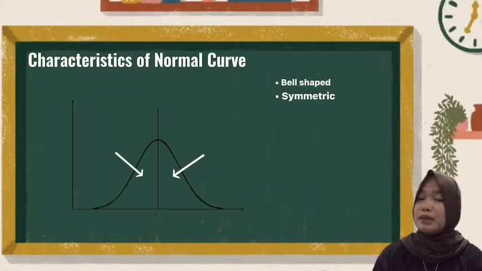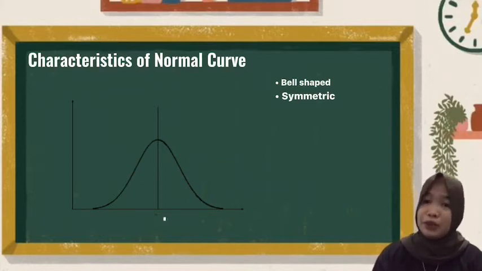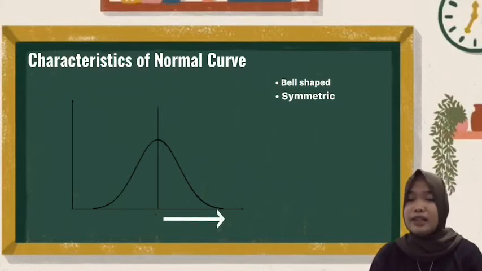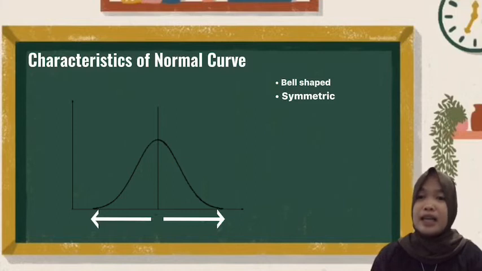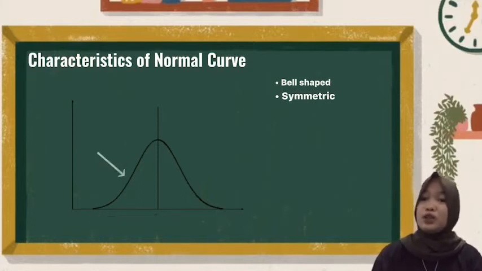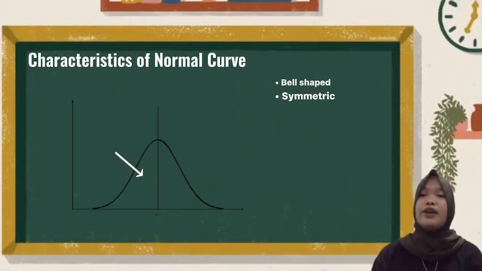So, ibig sabihin, from 0 to your right hand and from 0 to your left hand is pareho lang ng sizes. Pareho lang ng characteristics yung size ng bell-shaped curve mo. Na para siyang papel na pag tinupi mo, pantay lang siya yung foldings niya.